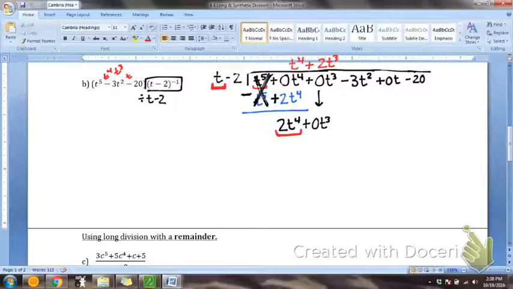Now we're going to go back. What do I have to multiply? 2t to the 3rd times t gives me not t squared, 2t to the 4th.